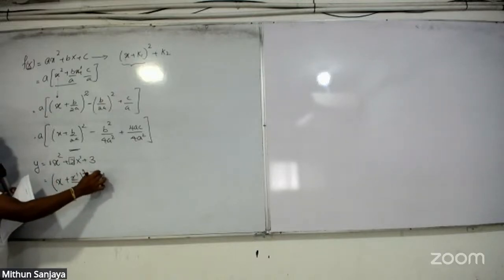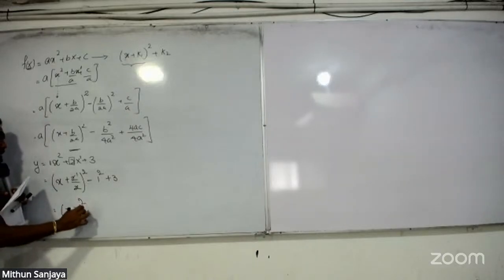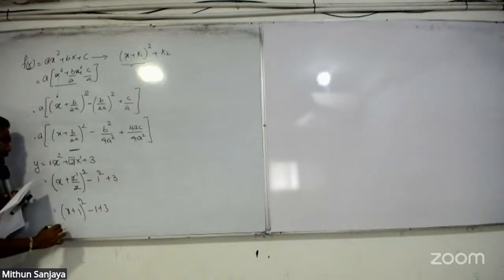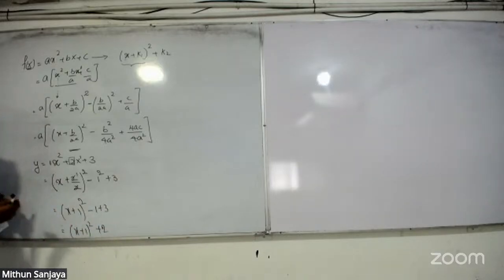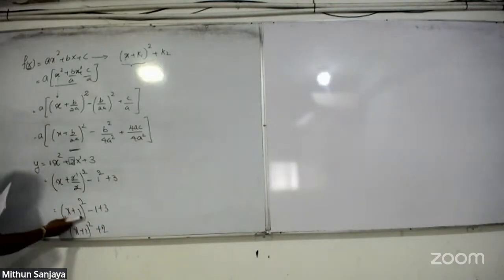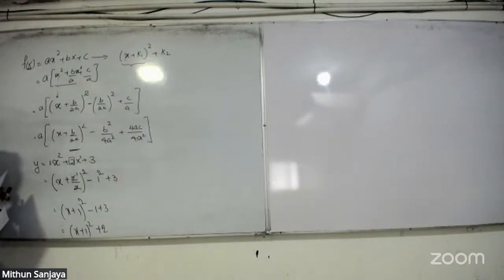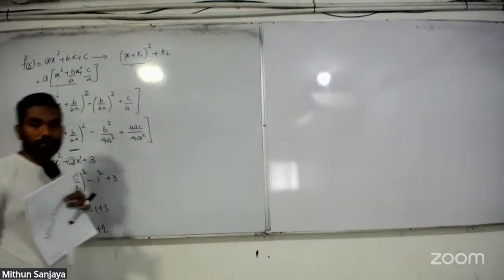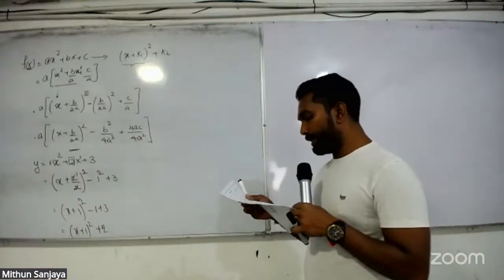Then 1 is squared outside, plus 3. Now it's x plus 1 square minus 1 plus 3, which is x plus 1 square plus 2, because minus 1 plus 3 is 2. Now we have a perfect square, x plus 1 square. That's the way we get the completing square.